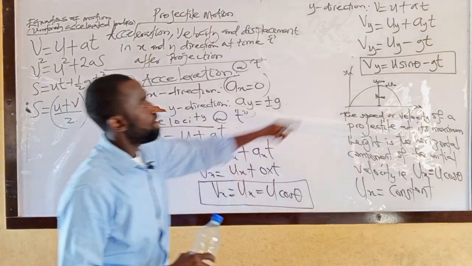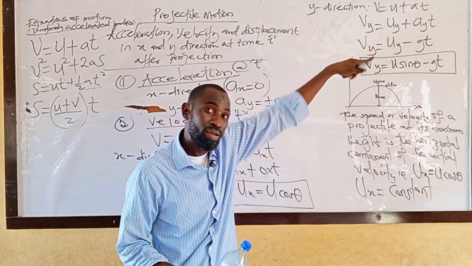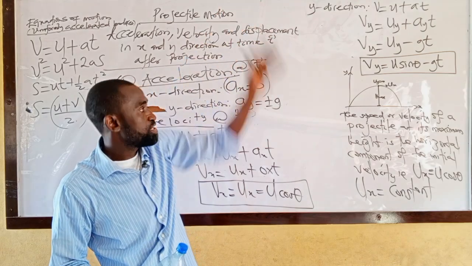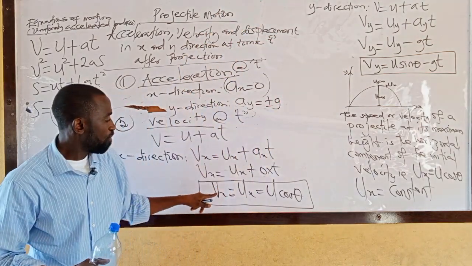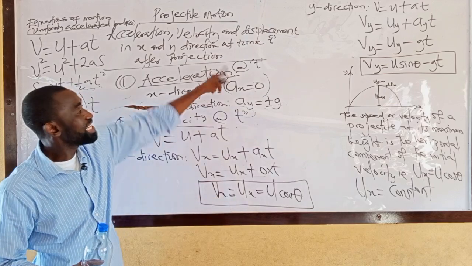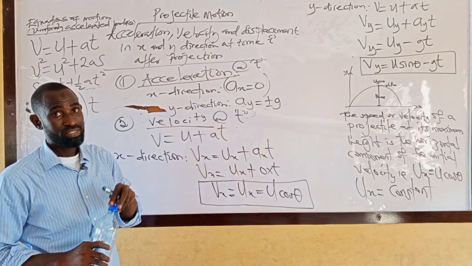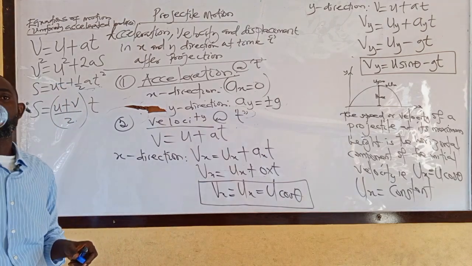So v of y at any time t is u sin theta minus gt, but v of y at time t equals 0 is just u sin theta. You see it? So u of x at t equals 0 is still u cos theta. It does not change. Are you with me? So please let me write it down.